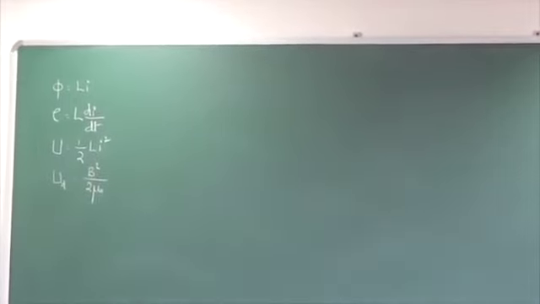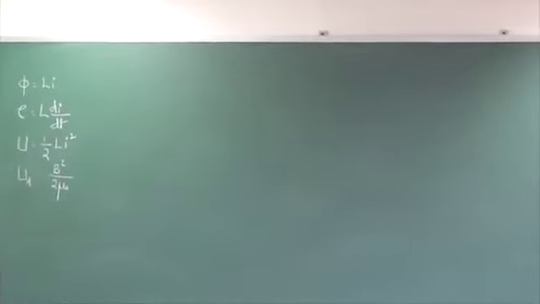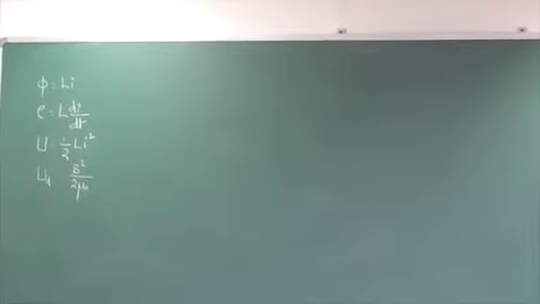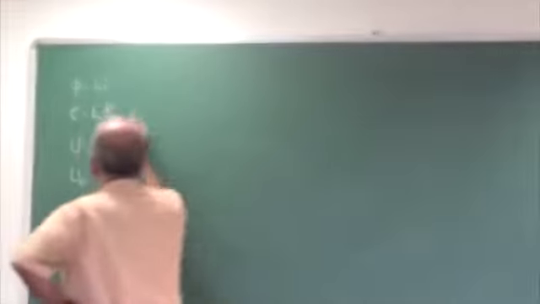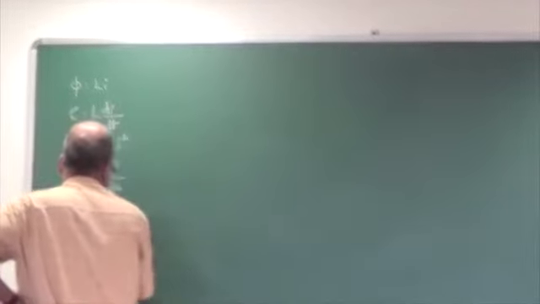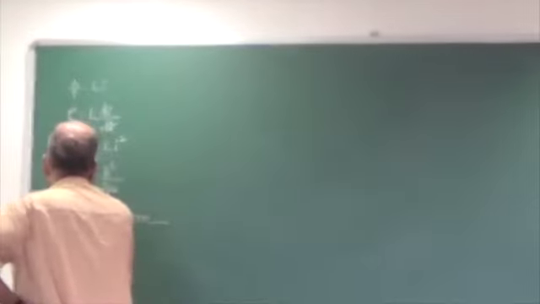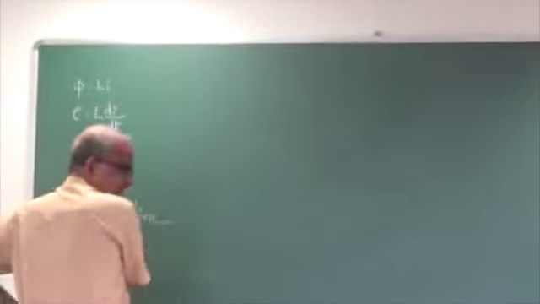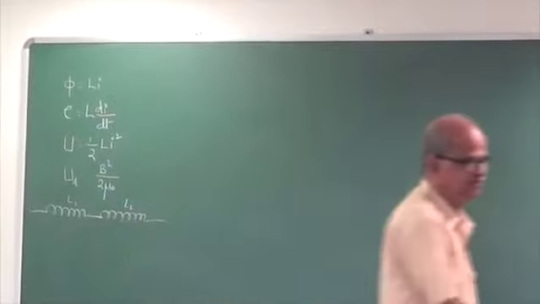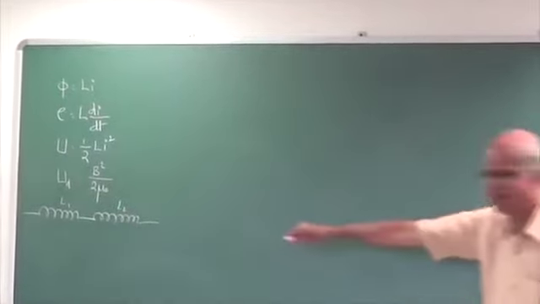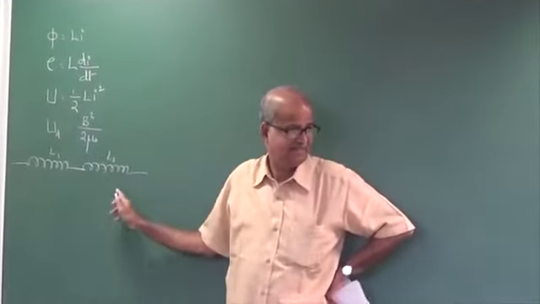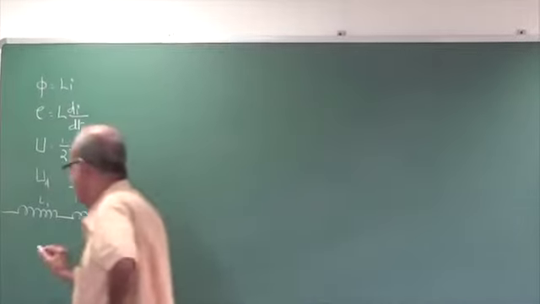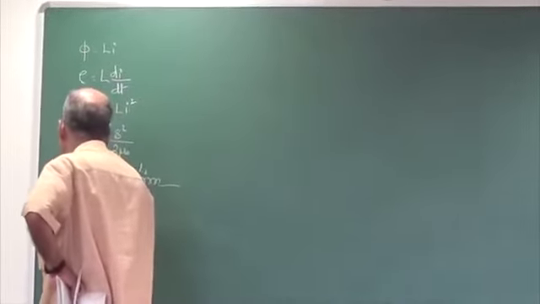So we will try some problems. You know that when a number of inductors are connected in series, provided they don't interact with each other, there is no interaction between the magnetic flux of this and that linked with this, the effective inductance is given by the sum.